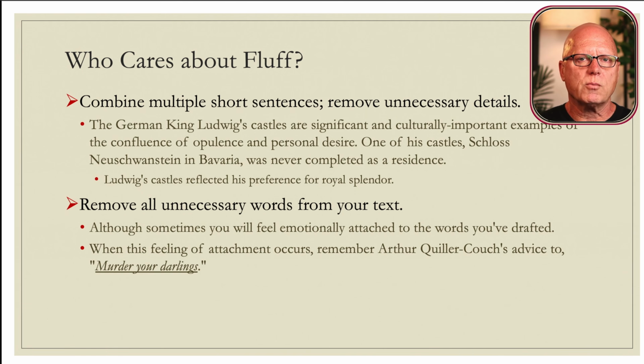One way that you can remove this fluff is to take multiple sentences and combine them into a single sentence. For example, "the German King Ludwig's castles are significant and culturally important examples of the confluence of opulence and personal desire. One of his castles, Schloss Neuschwanstein in Bavaria, was never completed as a residence." All right, let's simplify that. "Ludwig's castles reflected his preference for royal splendor."